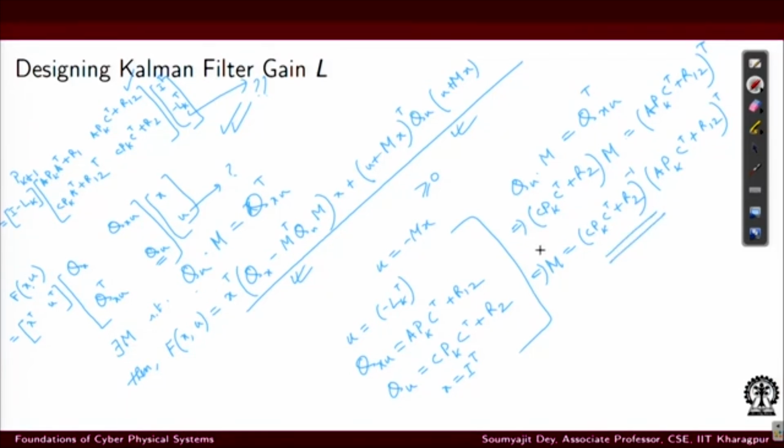Okay. So, as long as you get the M, you can now simply put that value of M here, and you can get your value of L_k. So, let us see.